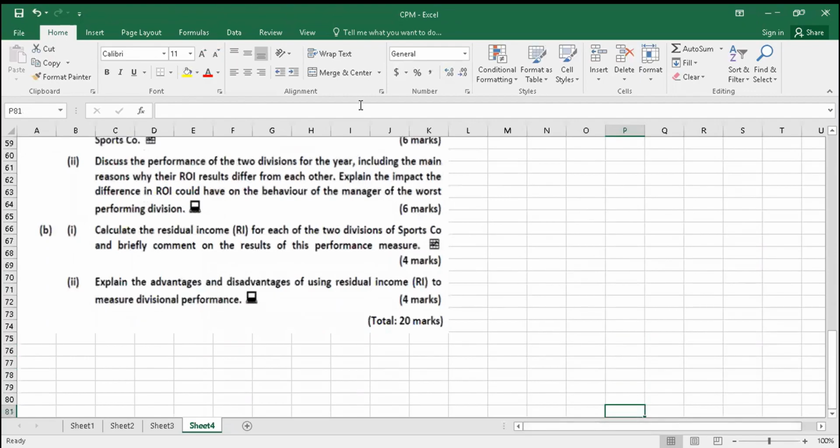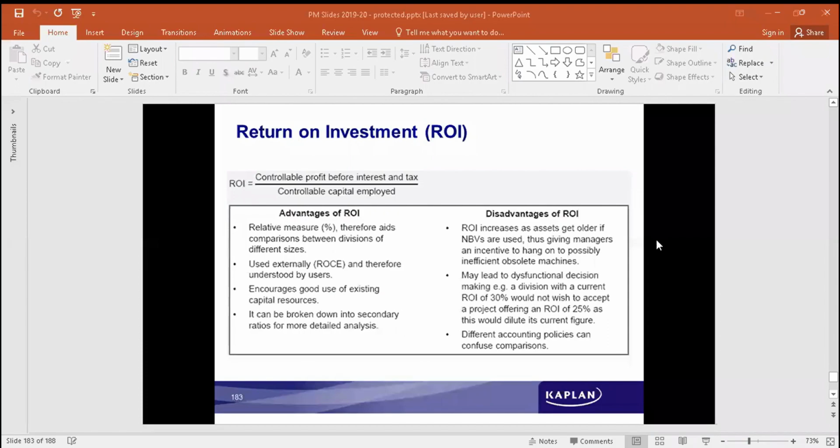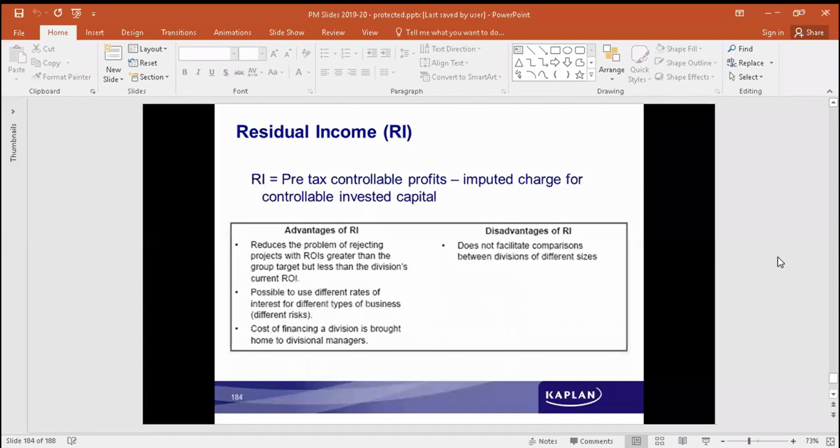What are the advantages and disadvantages? Just now we've discussed in detail from the PPT. We need to talk about the advantages and disadvantages of ROI. Then, this is RI. It doesn't facilitate comparison between divisions because investments are different, profits are different.